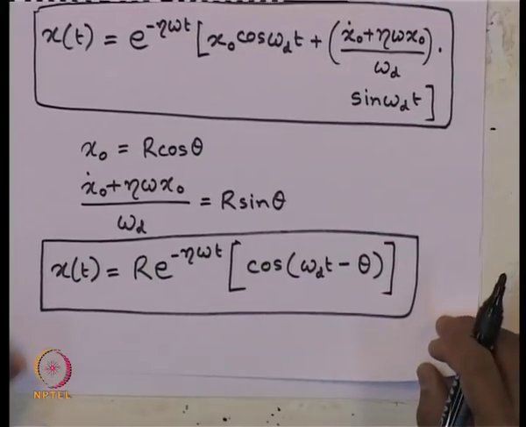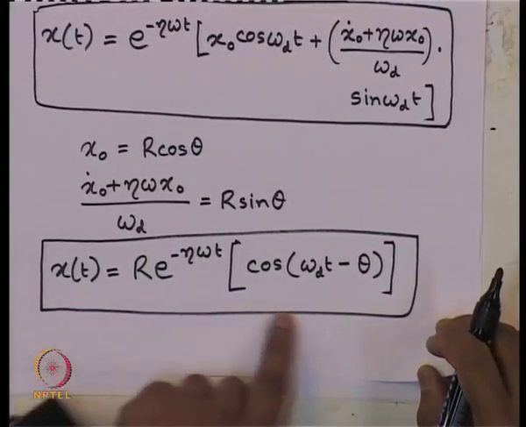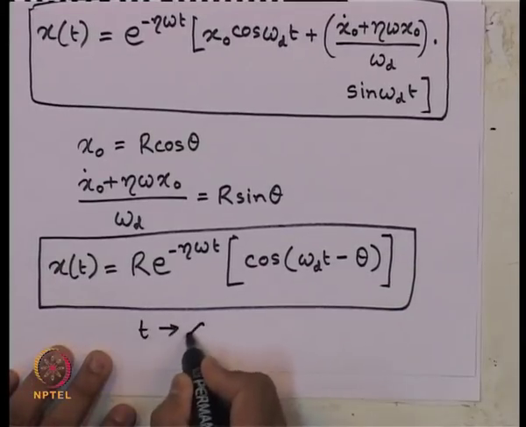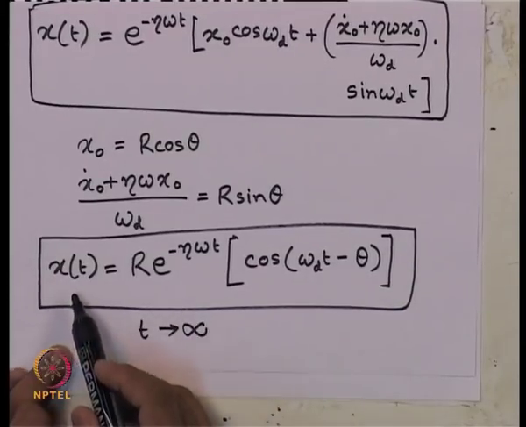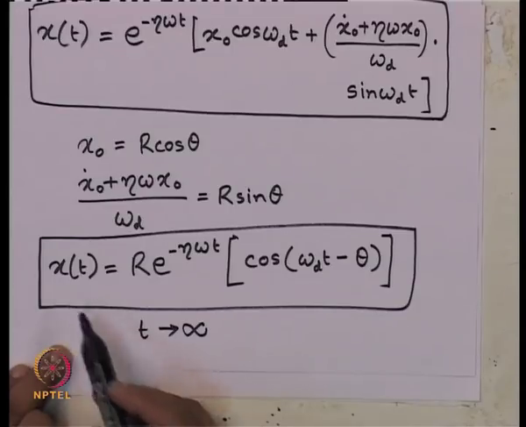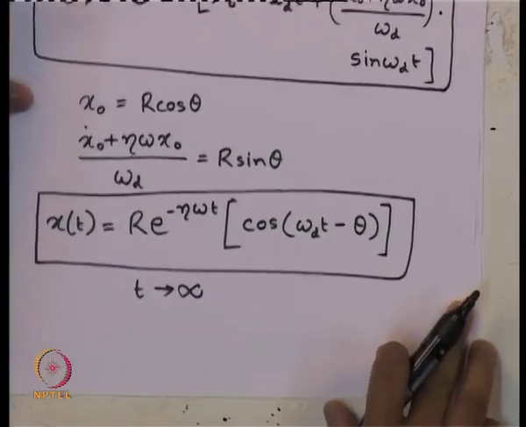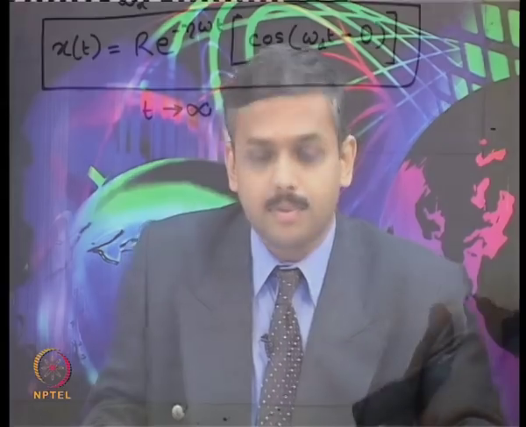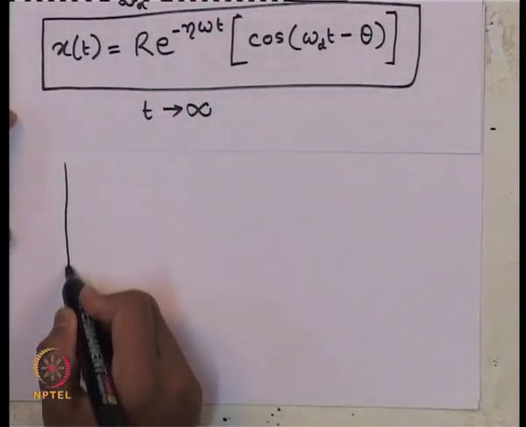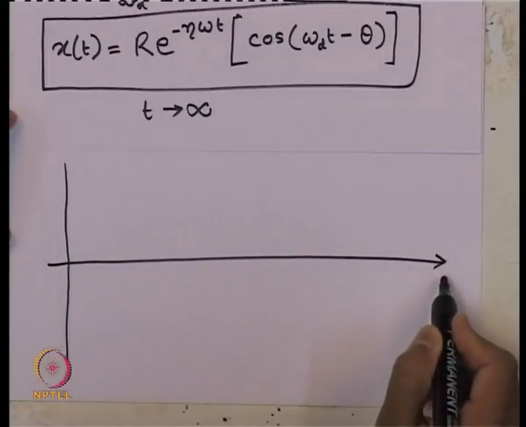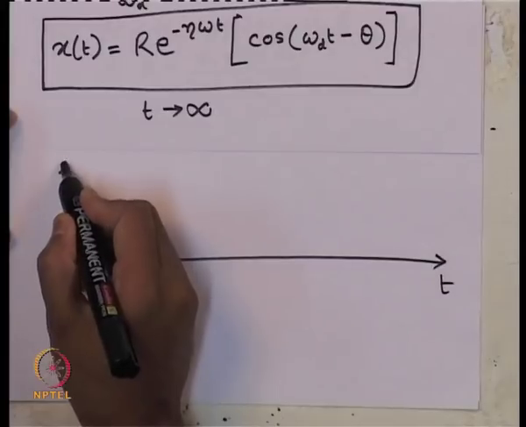If we look at the response of this function as t tends to infinity, that is the variation of the displacement function x of t with respect to time t, let us see how it looks. Let me put the solution also here, so that we can compare the expression and the variation and see how to draw this easily.